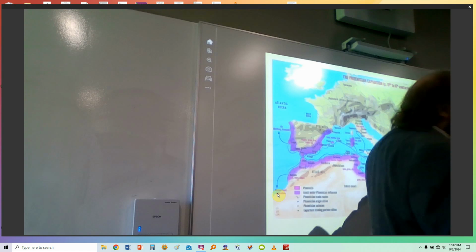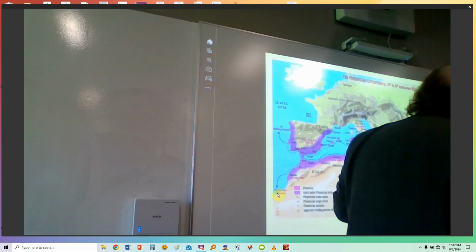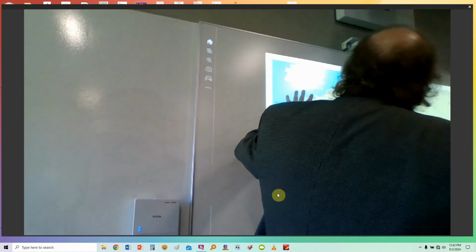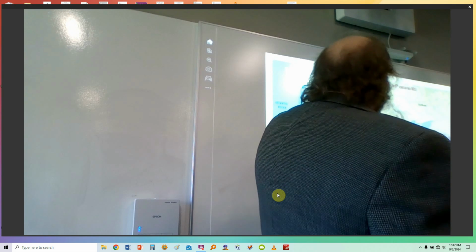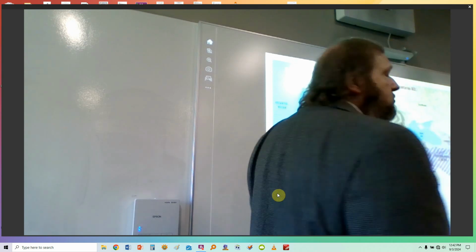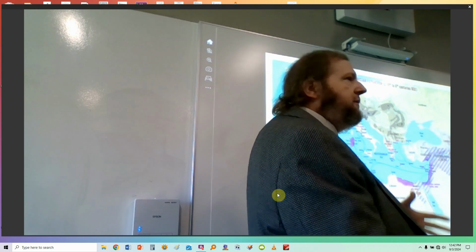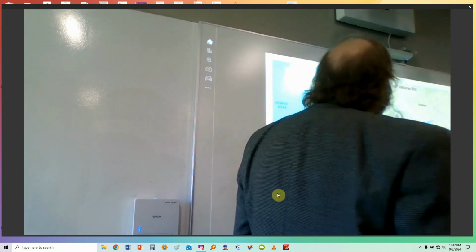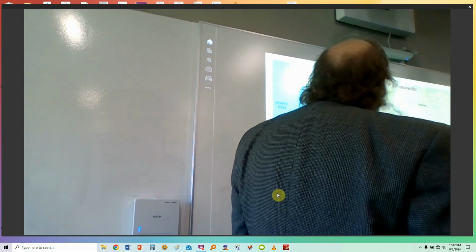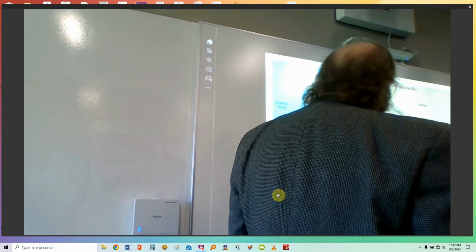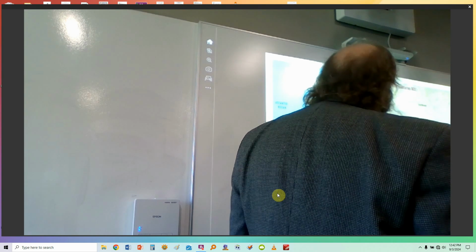Okay, so it makes sense, the land of the Phoenicians. And from this map, you can see that they spread across the Mediterranean because they were traders. That was their main claim to fame. They got on ships and boats, and they took stuff all around the Mediterranean to do business, to trade things. That's what they were known for.